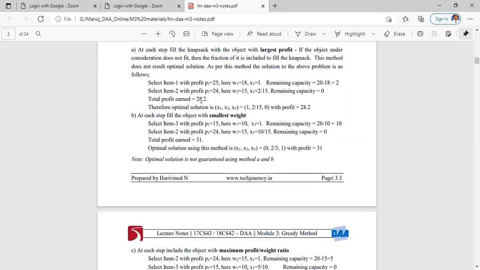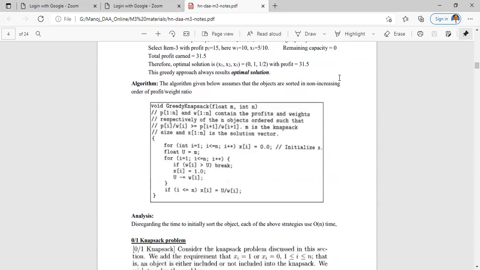So the first one is 28.2, the second one is 31, and the third one is 31.5. There are many solutions, so which is the most feasible solution? The one which gives the highest profit we take as the most feasible solution. So that is 31.5, which happens to be the optimal solution.